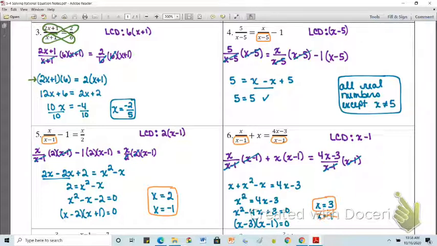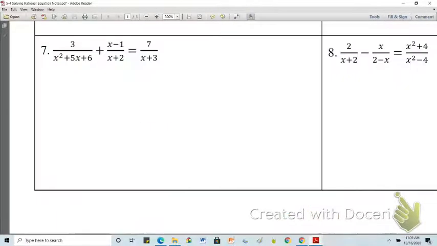Two more, and then it's time for you to start working on your assignment. Okay, looking at number 7, you'll notice I have a quadratic in the denominator. First thing I need to do before I can even figure out my least common denominator is go ahead and factor that. So this factors to be x plus 3 and x plus 2.